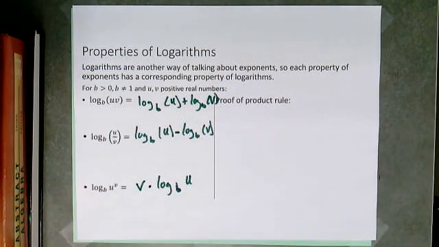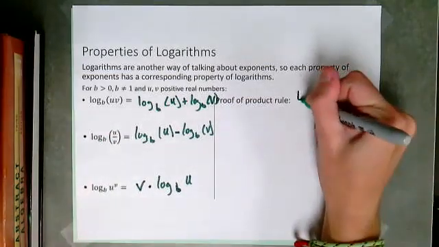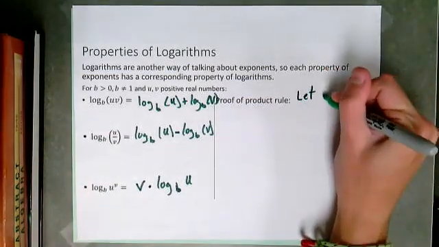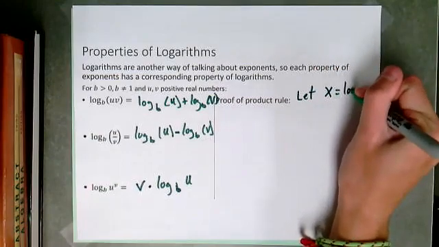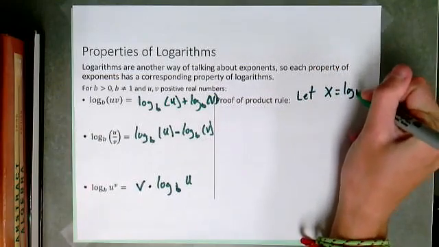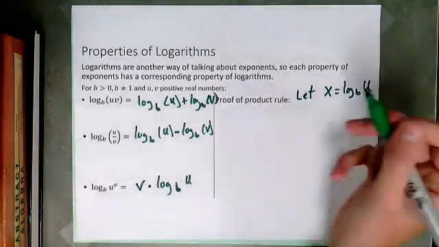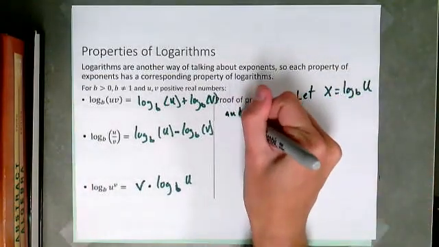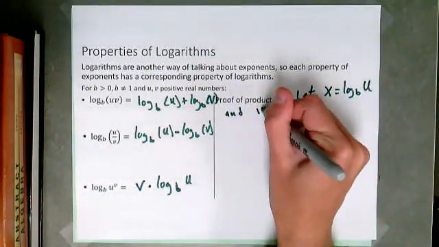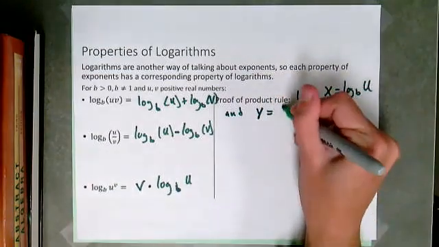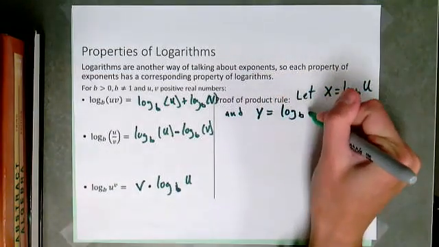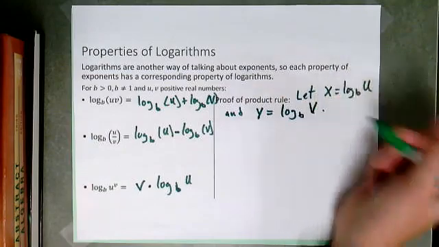So let's show how one of these works. Let's show the product rule, the first one. First, we're going to let x equal log base b of u, and we're going to let y equal log base b of v.